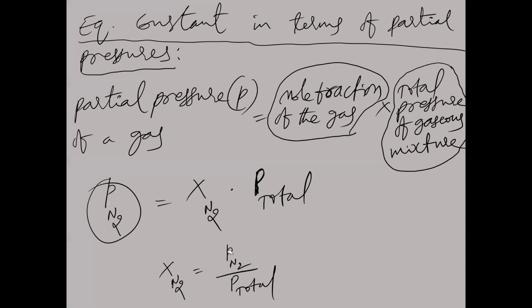From this only we have taken partial pressure of nitrogen gas equal to mole fraction of nitrogen gas times total pressure. Okay, so it's about the concept of partial pressure. Now the partial pressure of nitrogen, hydrogen and ammonia in the above equation we have to calculate first. After that we have to substitute in the equation. Okay. Take the screenshot of this.